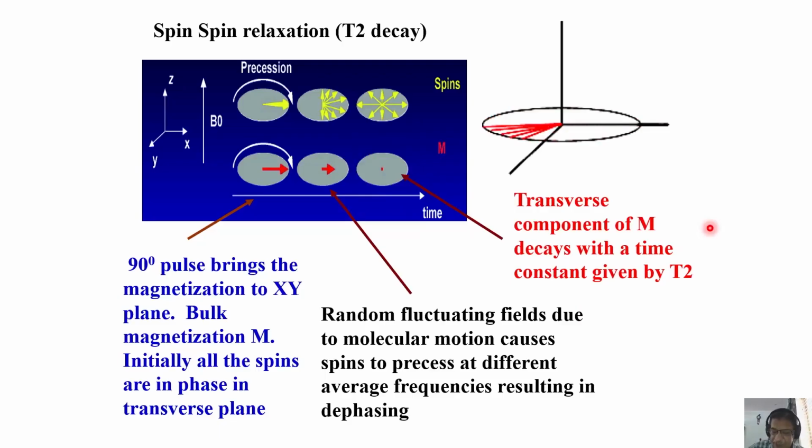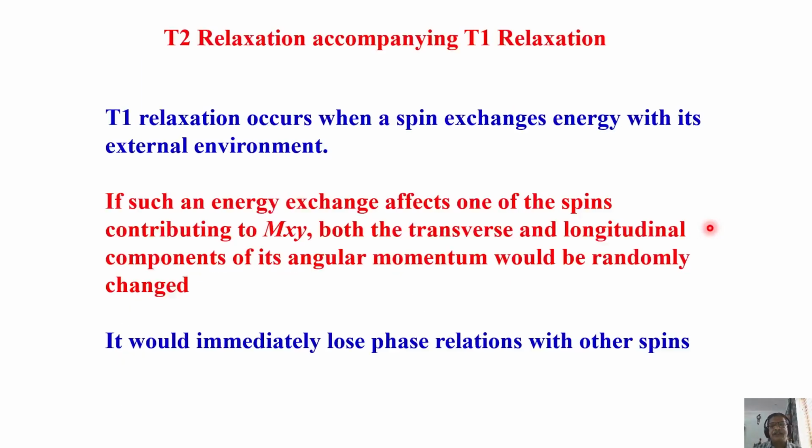Okay? Spin relaxation. Now, T2 relaxation will always accompany T1 relaxation. Remember, T2 relaxation always accompanies T1 relaxation because T1 relaxation occurs when a spin exchanges energy with its surroundings.